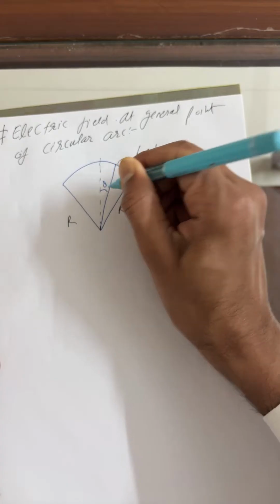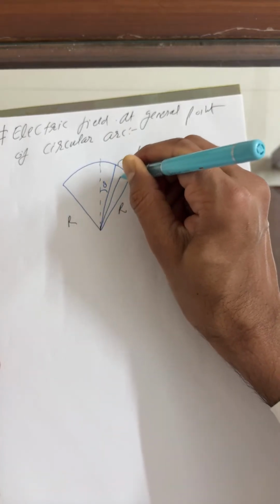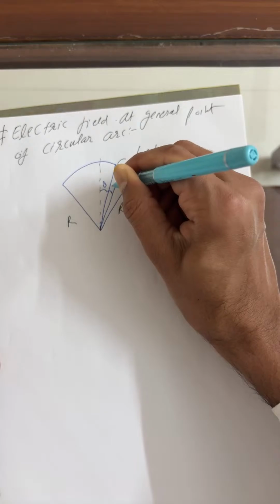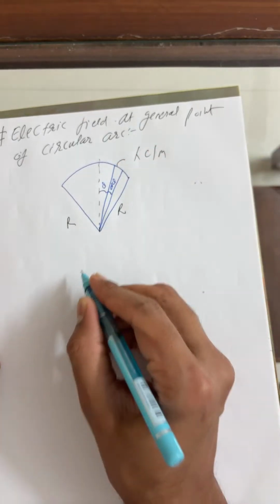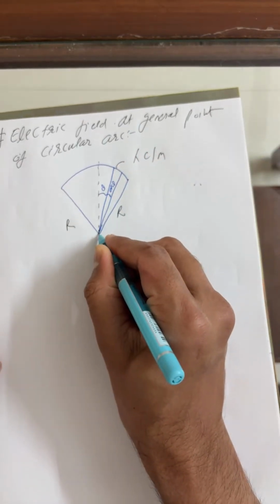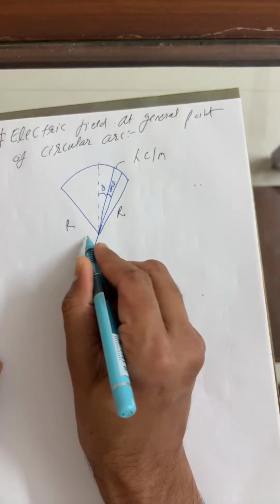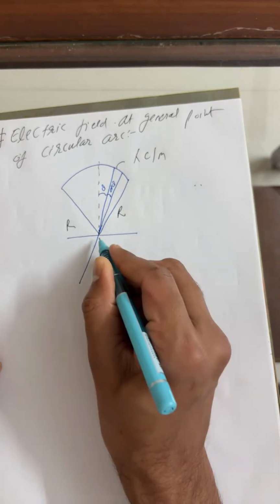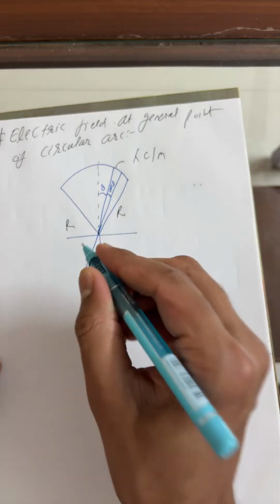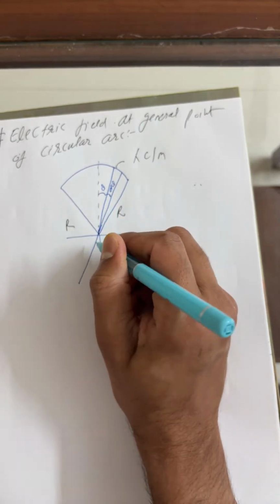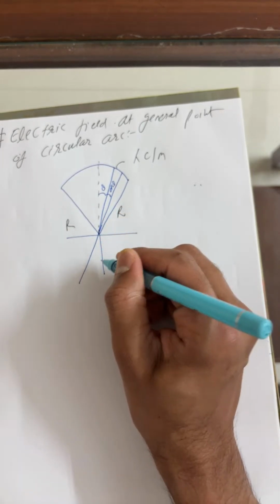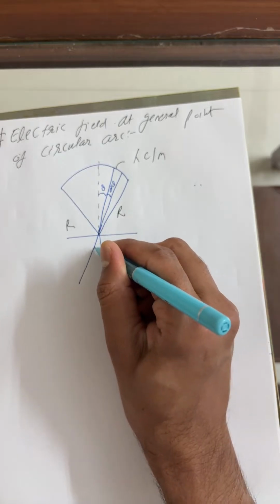You have to move theta and take an element d theta. Due to this element you can see the electric field. This is theta here, and this angle is also theta.